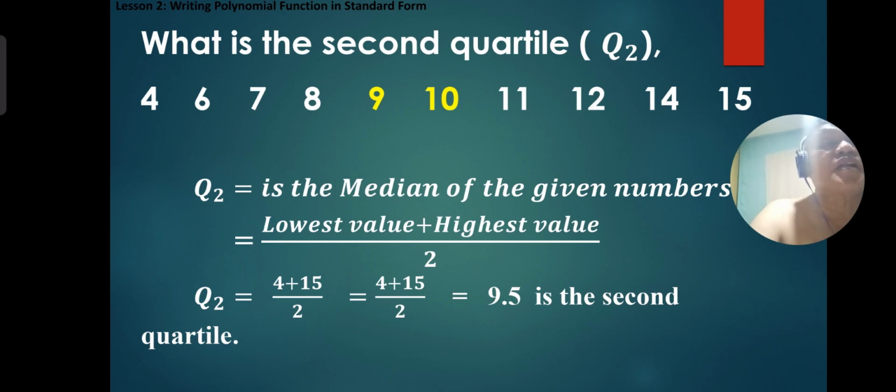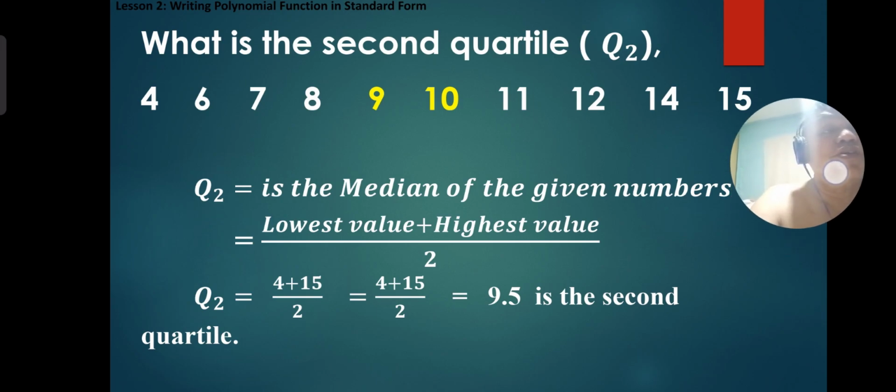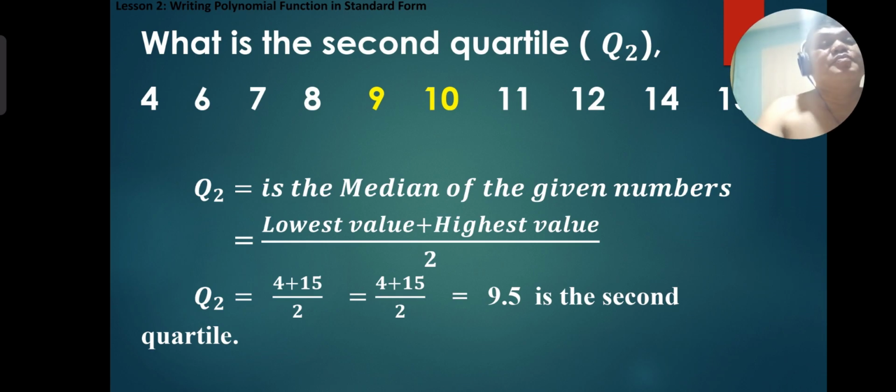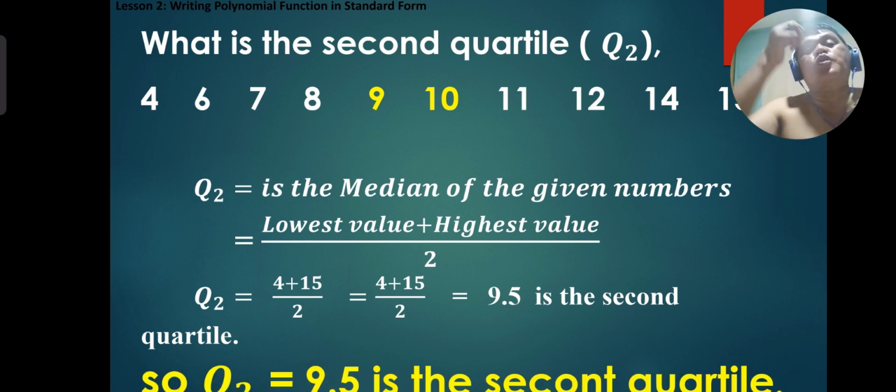What is the second quartile? The second quartile is the median, the middlemost score if the count is odd, and we add the two middlemost scores if the count is even. So quartile 2, or the median, is the median of the given numbers.